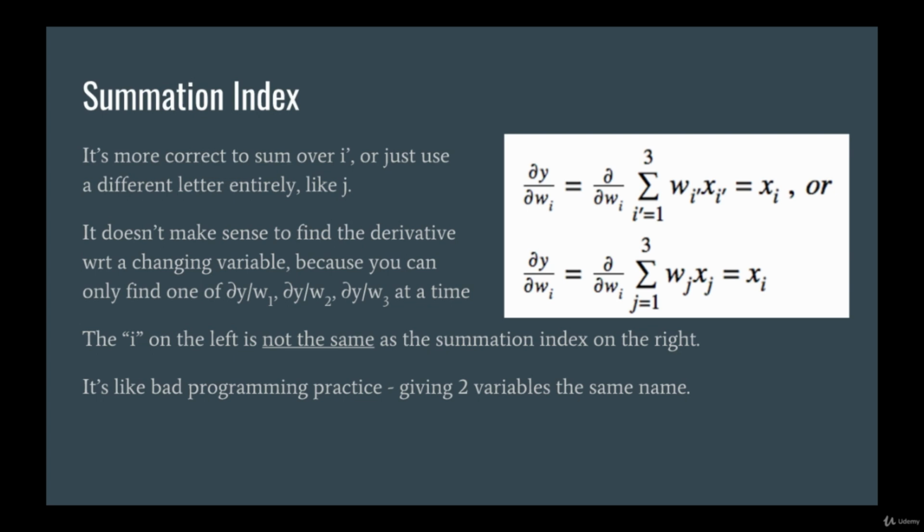It doesn't make any sense to take the derivative with respect to a changing variable, because you can only have one specific partial derivative at any one time, either dy by dw1, or dy by dw2, or dy by dw3. But the key is you have to pick one. It's not the same as the summation index. So by giving the summation index the same letter, it's sort of like bad programming practice where you use the same variable name for two different objects.